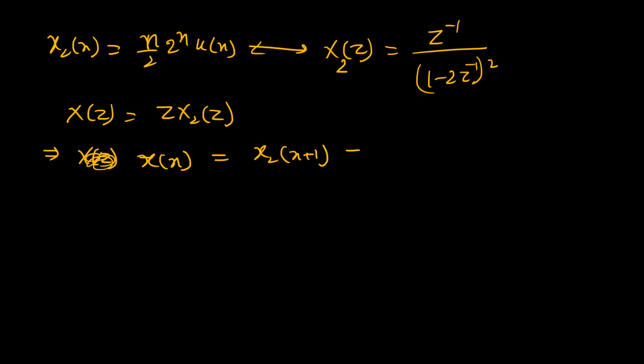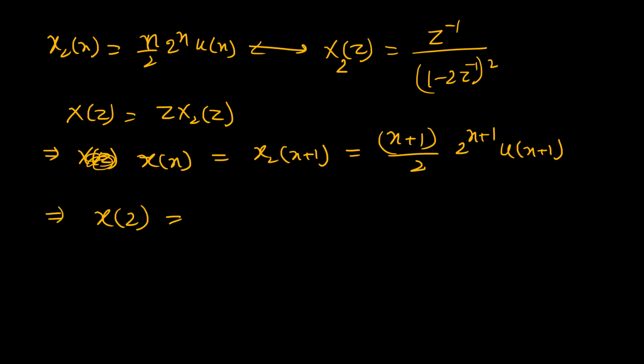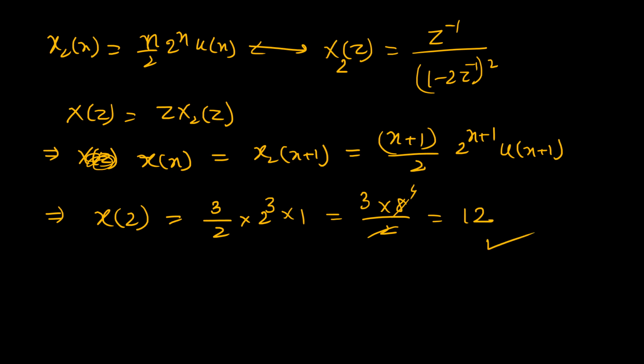So it is n plus 1 by 2 to the power n plus 1 and u of n plus 1. So this is my x of n. And now you need to find x of 2. So you just put n equal to 2 here everywhere. So it is 3 by 2 to the power 3, and it is 1. So 3, this is 8, this is 2, so this is 4, so it is 12. So the answer is, x of 2 is 12, and we are getting the correct answer.